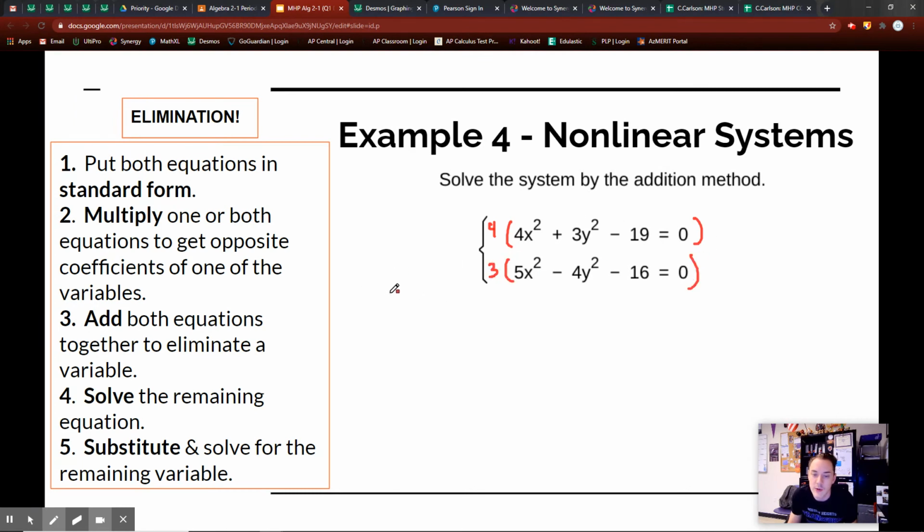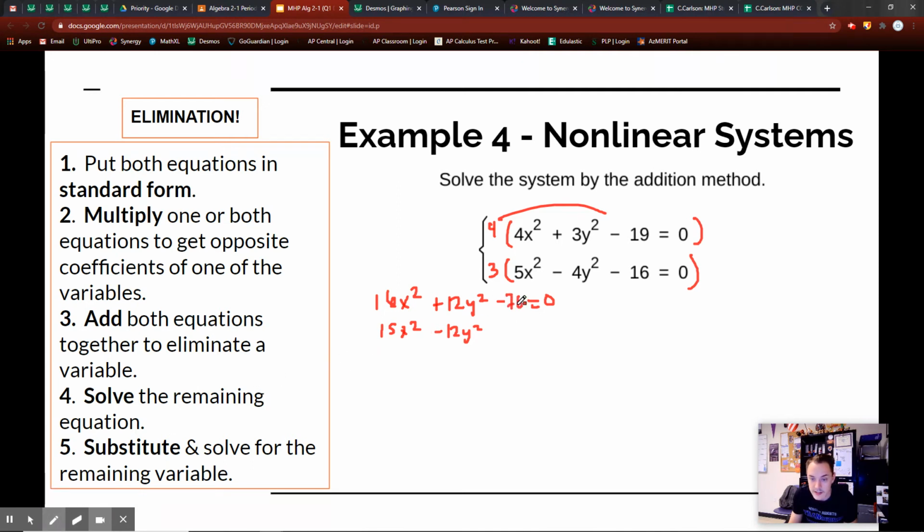So my first equation is 16x squared plus 12y squared minus 19 equals 0. And then I have 15x squared minus 12y squared, and then, whoops, I didn't do that, minus 76. Sorry, this is minus 76. And then my other one is 48, but let me get there.